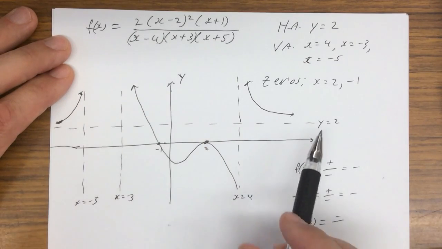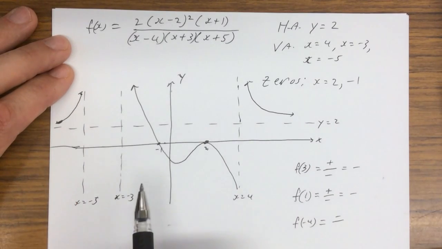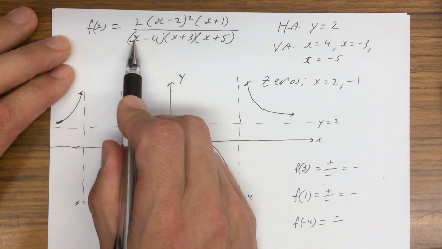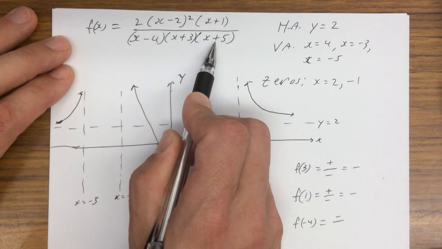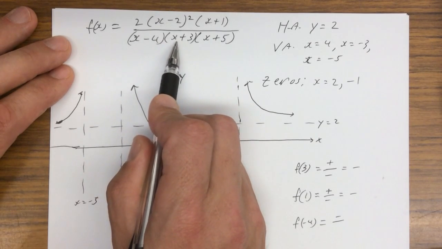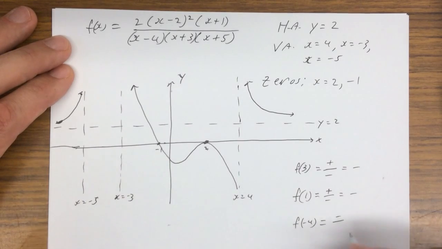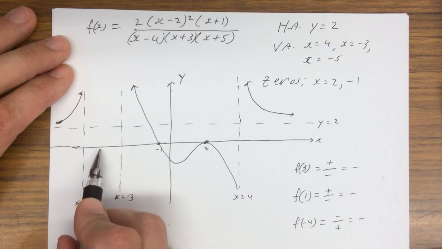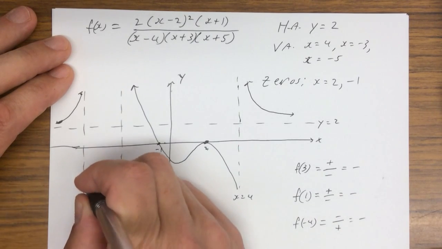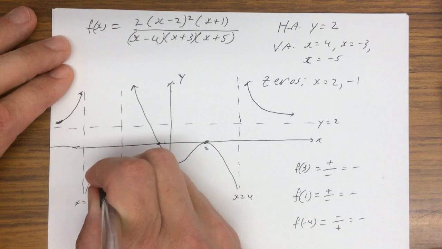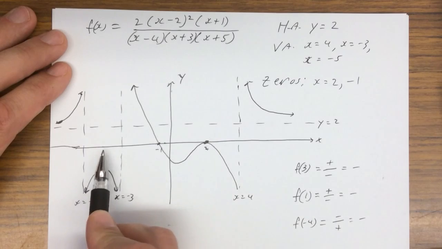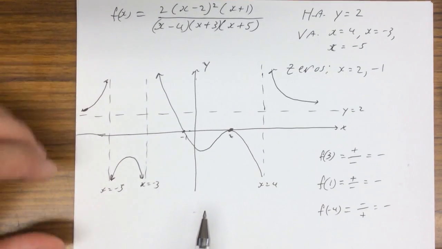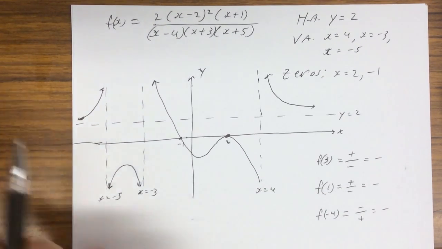And then the bottom, well, when I put in negative 4 down here, that's going to be negative, that'll be negative, and that'll be positive. So negative times a negative on the bottom is positive, times a positive is a positive. So we end up with that, and that equals a negative. So at negative 4, it's underneath, so it must be like this, because it cannot go back up through the x-axis again. We don't have any more zeros. And that would be the graph of that function. Okay.